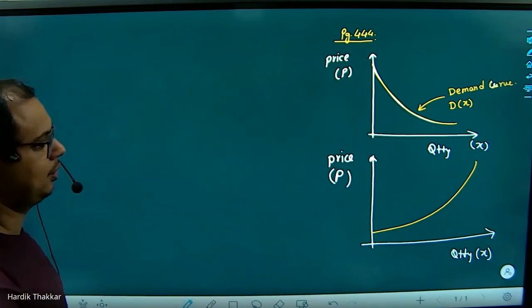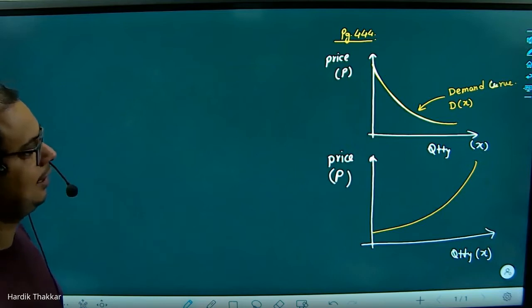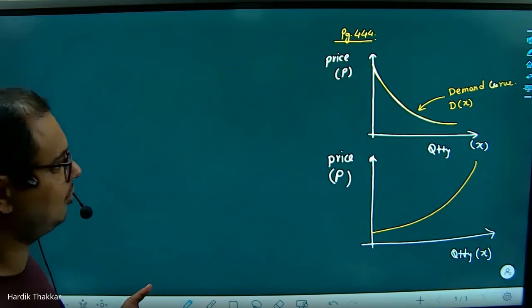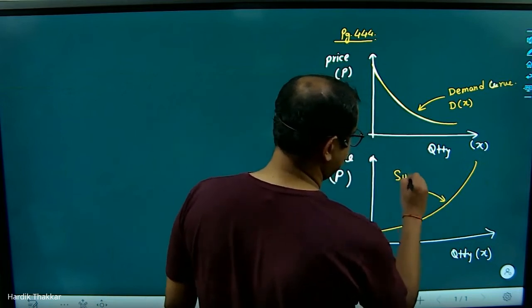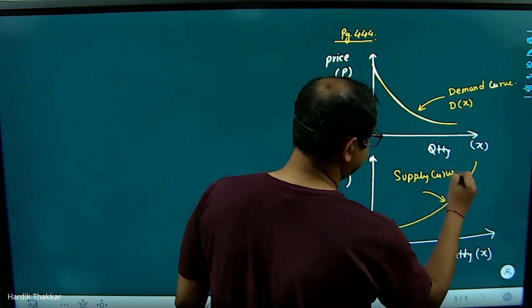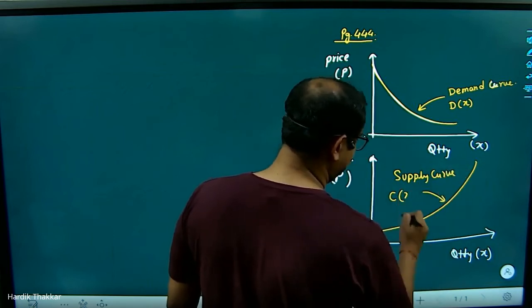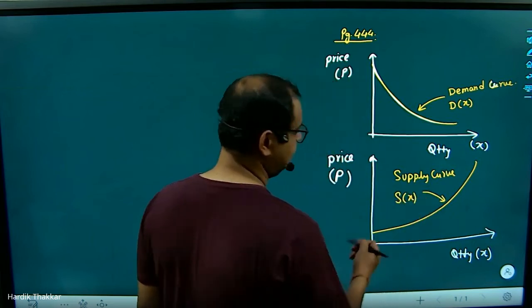If the quantity increases, then the price will increase like this. So this is what the supply curve is, represented by s of x.